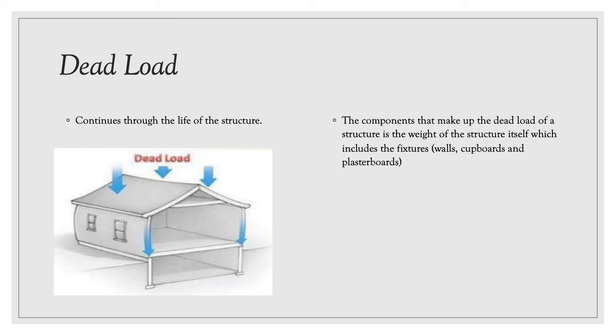The components that make up the dead load of a structure are the weight of the structure itself, which includes fixtures, walls, cupboards, and plasterboards, and also floor surfacing materials. Everything, including materials inside a building, is only considered a part of the dead load when it is fixed into a permanent position, as mentioned above. The dead load of a building can be exactly calculated from the known weights and dimensions of the materials used in the structure.